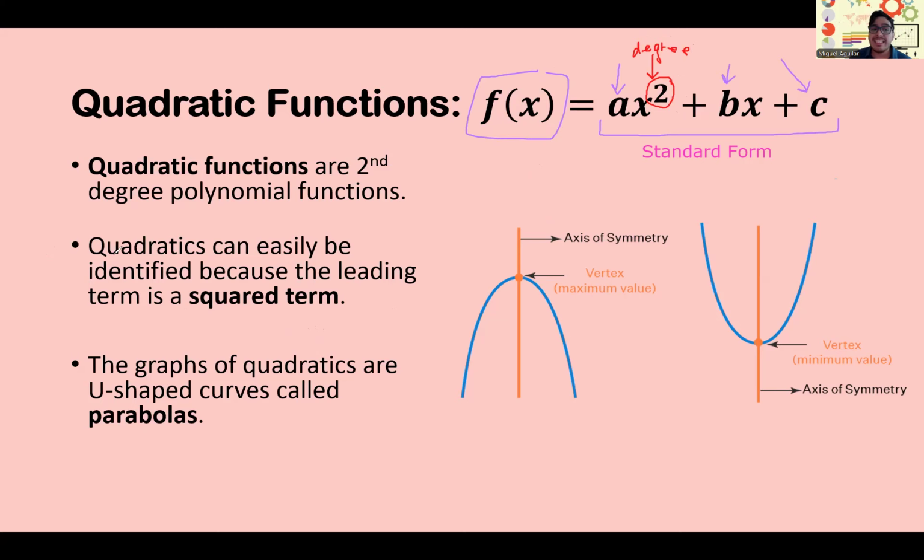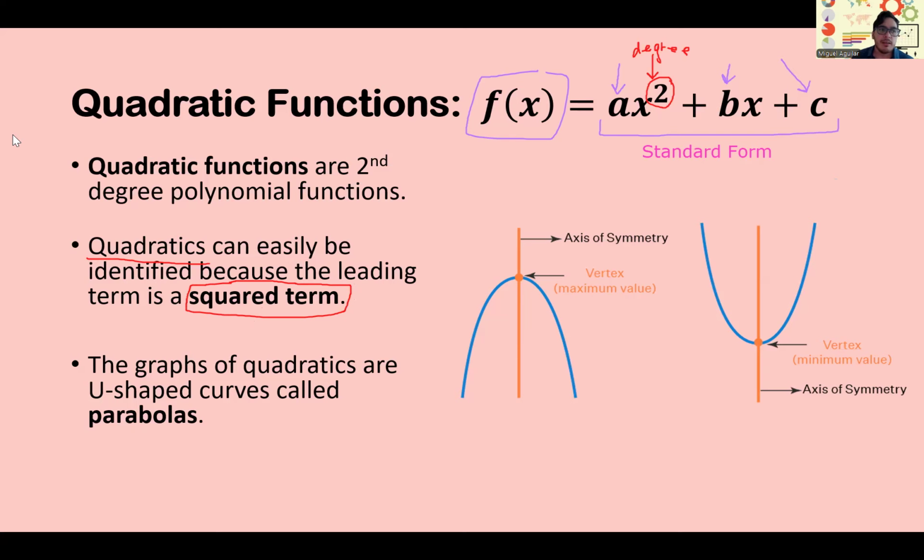You can easily identify when we have a quadratic function because you're looking for that squared term. Remember the etymology lesson I gave you? Quadratic comes from the Latin quadratus, which, if you are vaguely familiar with Spanish, cuadrado means squared. So using that kind of logical jump, if we have a squared term, it's quadratic.